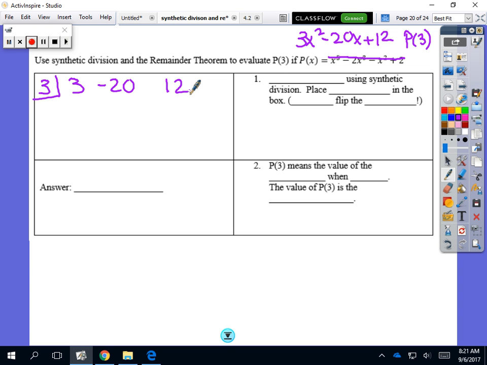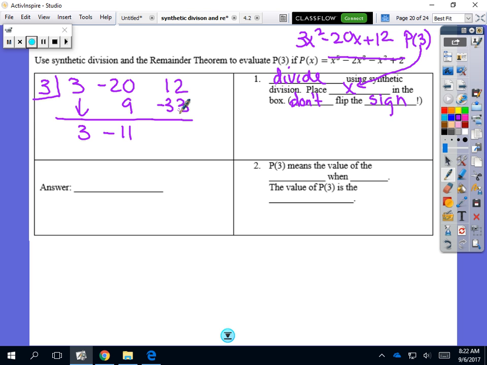So you're going to divide using synthetic division, and you're just going to place whatever this number is here in the box. Don't change the sign. Don't flip the sign. So whatever this number is, that's the number that goes in the box. And use synthetic division. -11 times 3 is -33.